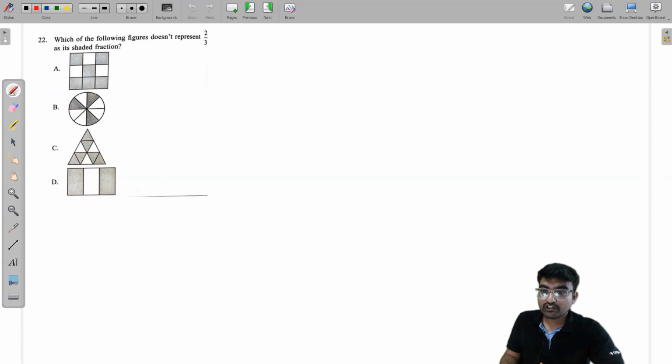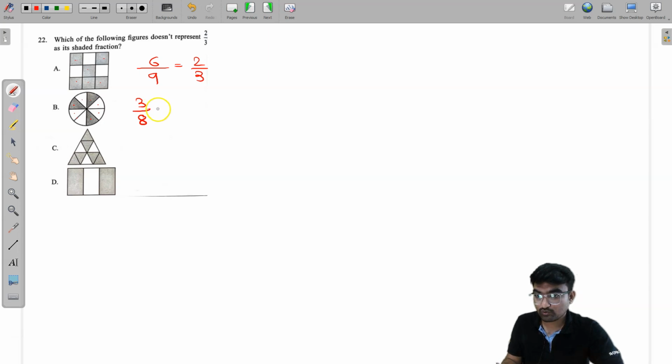Let's solve the next one. Which of the following figures does not represent 2 out of 3 as its shaded fraction? If I check how many shaded parts there are, total are 9, out of which 1, 2, 3, 4, 5, 6. So 6 out of 9, that is 2 by 3. Again in this, 1, 2, 3, 4, 5, 6, 7, 8. So out of 8, 3 parts are shaded.